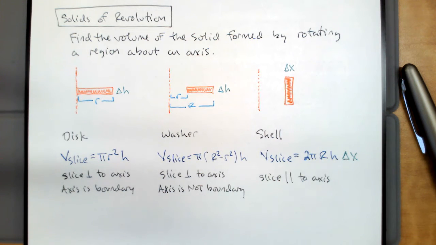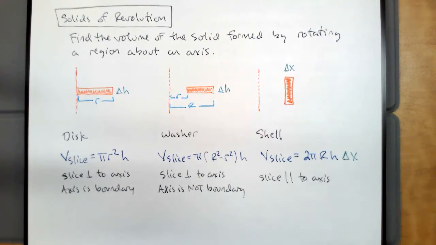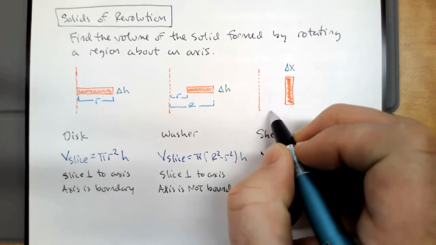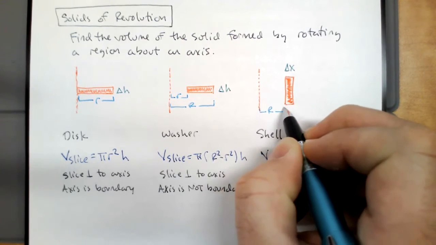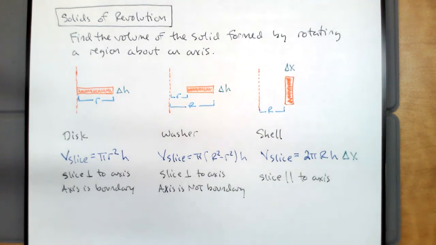Anything that we're going to call a radius has to be measured from the axis of rotation. The axis of rotation is where the radius is 0. So if I'm going to call something a radius, it has to be measured from the axis of rotation and end at the slice. In washers, we had 2 different radii, because we went from the axis of rotation to the near end of the slice and the axis of rotation to the far end of the slice.